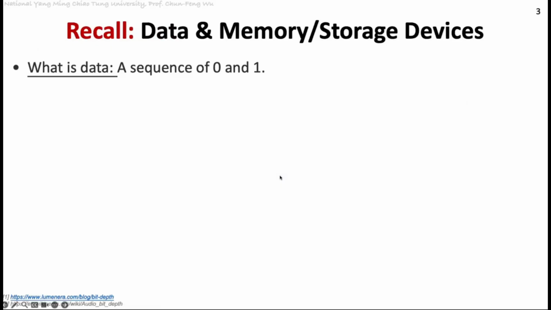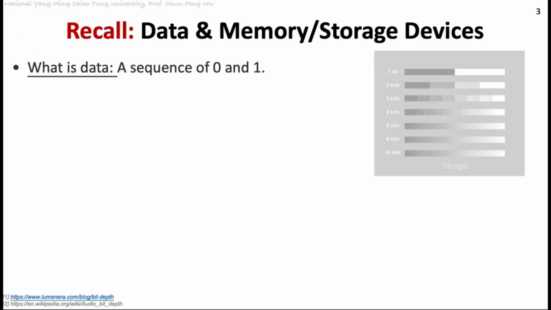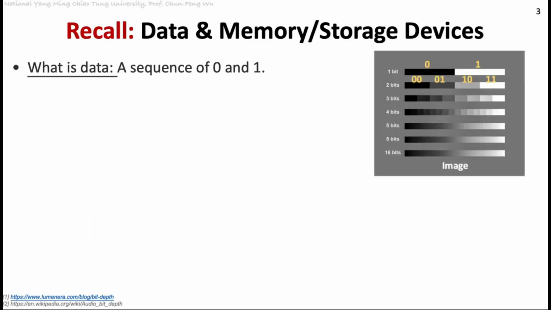Before we introduce what a storage device is, I think we need to first give a very brief recap of what data is. In our current systems, data is a sequence of 0s and 1s because our computer is a binary system.